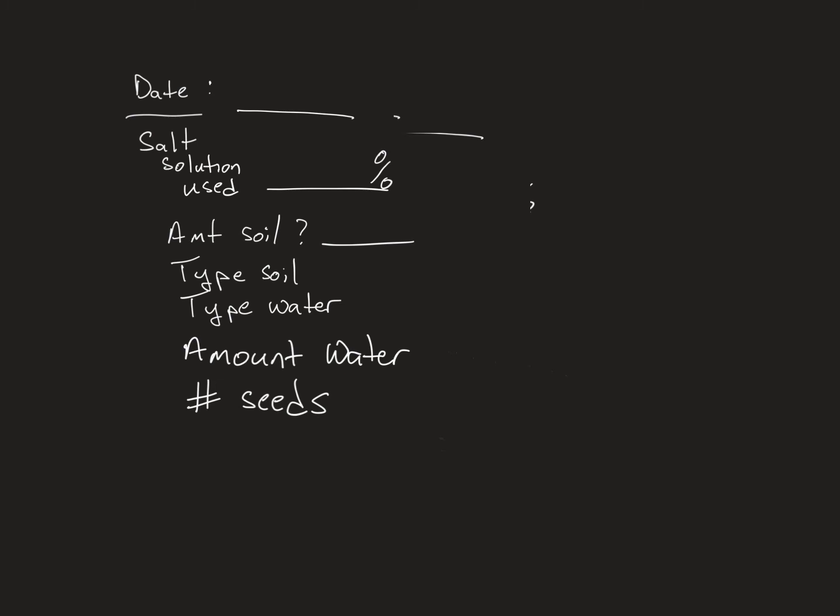The only problem I have with that is that some of you would never see anything grow, correct? Because some of you would have a solution that's going to kill the plant.